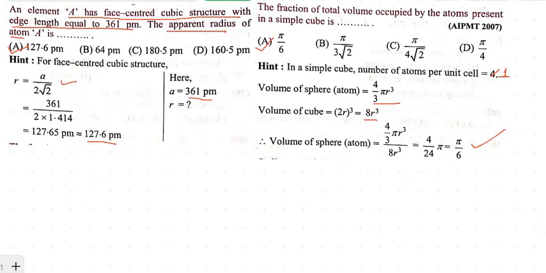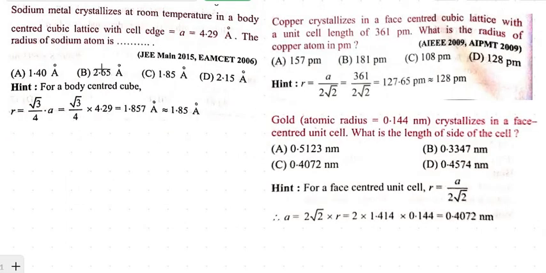Now moving to the next example: sodium metal crystallizes at room temperature in the body centered. Okay, so now they have made clear that sodium has a BCC structure. Before proceeding, you should know the formula of the BCC structure.